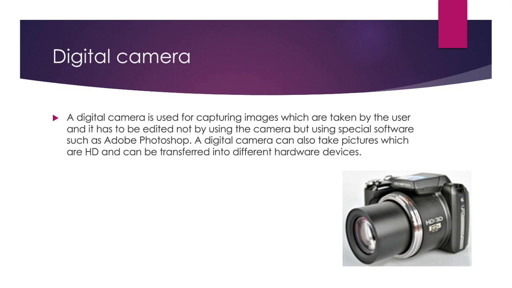So a digital camera can also take pictures which are HD and can be transferred into different hardware devices. So back to the software part, you have to install software or you can actually do it online.